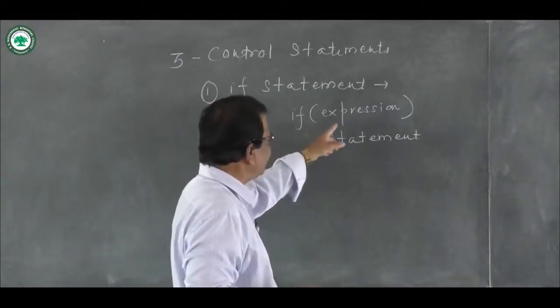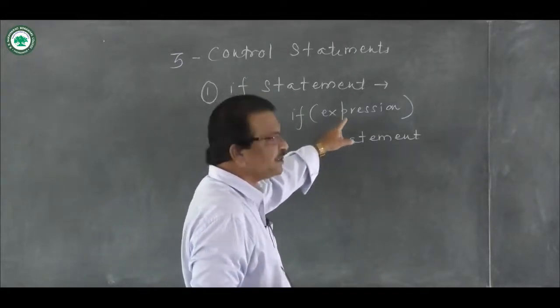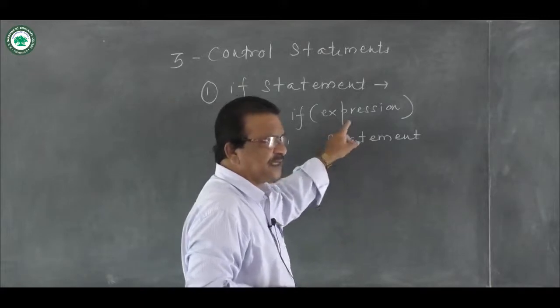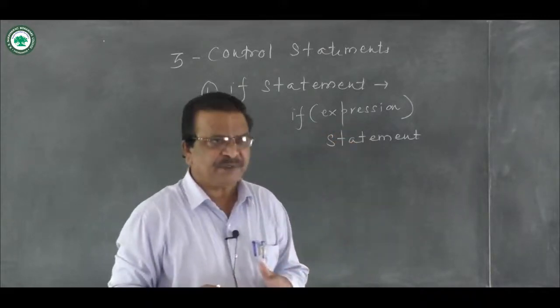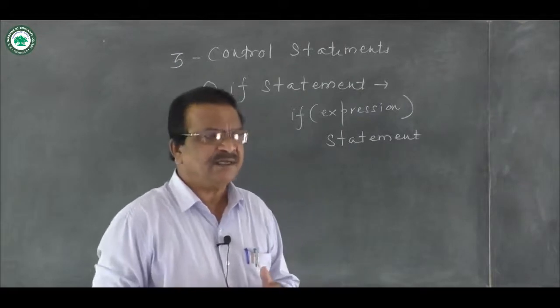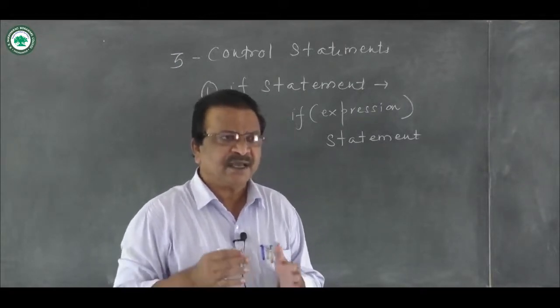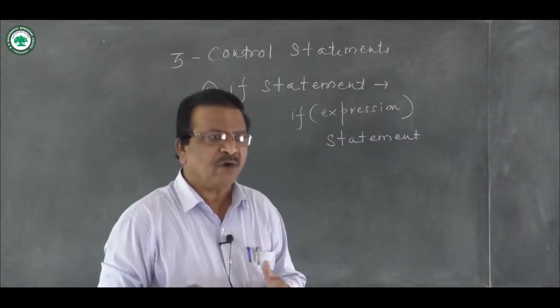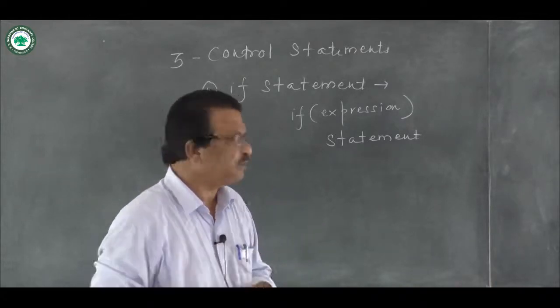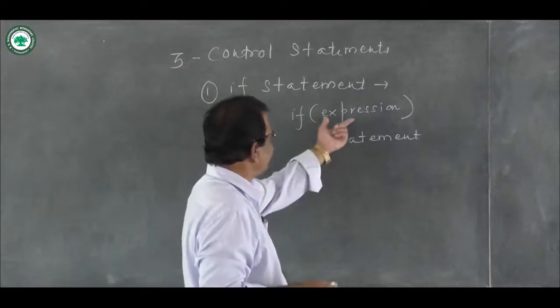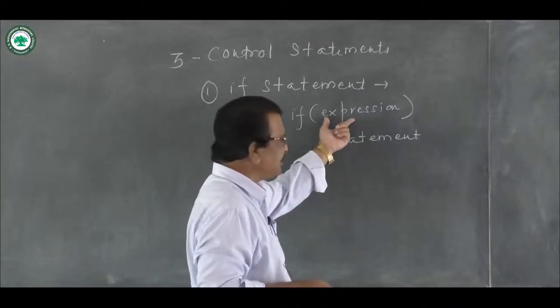When the if statement is encountered, the expression is evaluated. The expression is always a relational expression, and when it is evaluated, it results in one of two answers: yes or no, true or false, or 1 or 0. The expression is evaluated, which is the test condition.